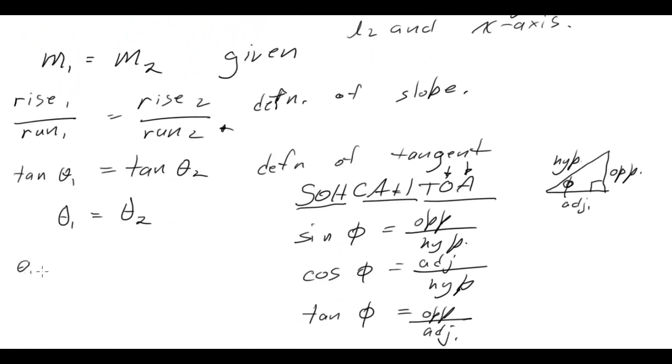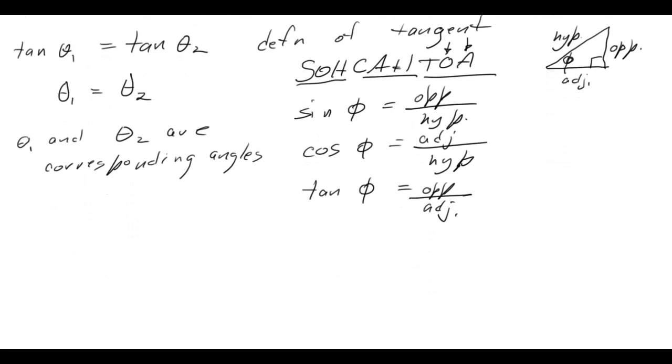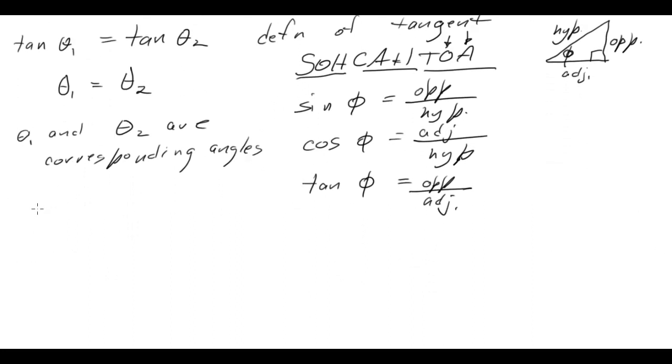Theta 1 and theta 2 are corresponding angles. Therefore, since they're corresponding angles, line 1 must be parallel to line 2.